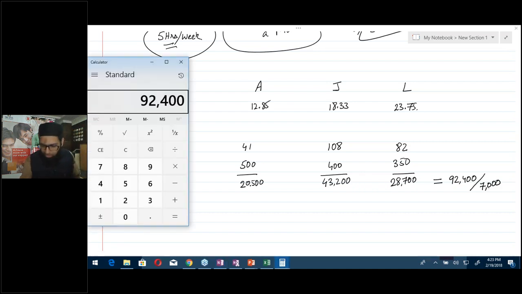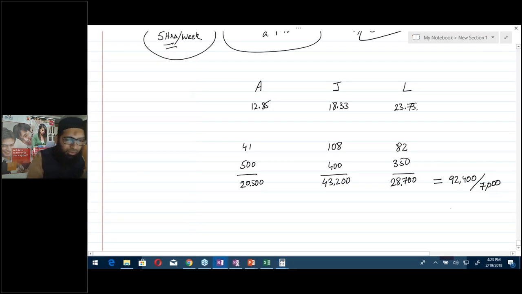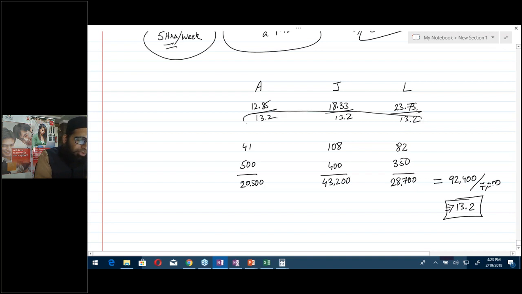So if I divide it by 7,000, the answer will be 13.2. Now, if I divide it by 13.2 each, you can see because the value of the denominator is the same, it will not affect the ranking.